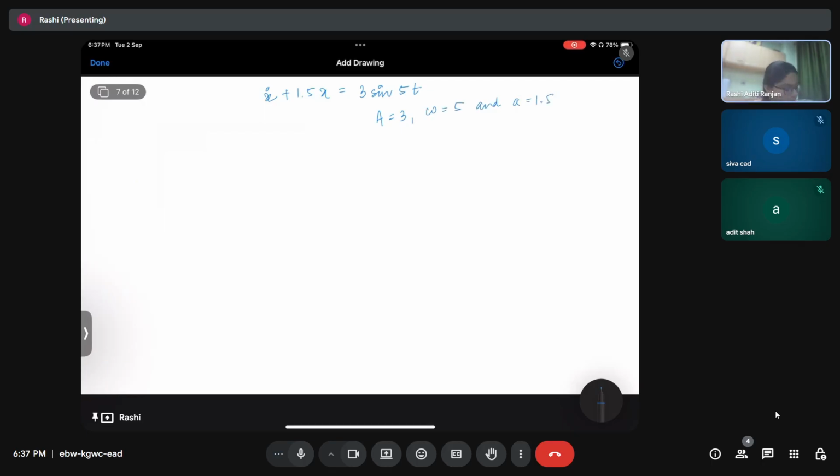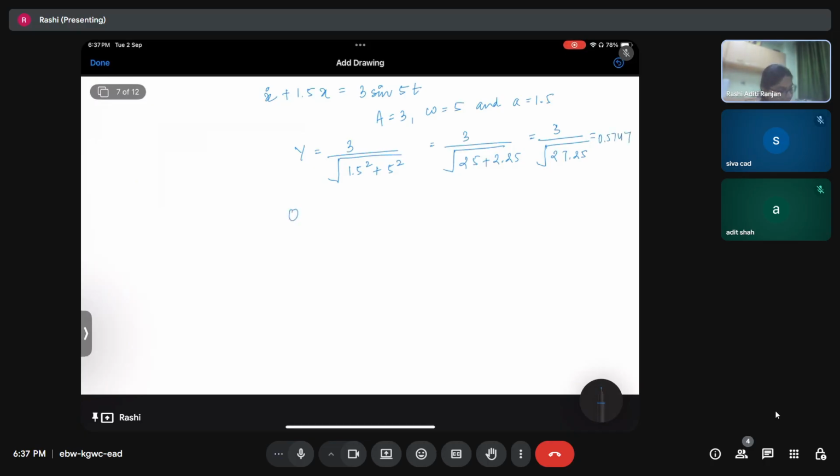Then capital Y is going to be 3 by under root of 1.5 square plus 5 square, which will come out as 3 by under root of 25 plus 2.25, that is 3 by under root of 27.25, and this will give us a final value of 0.5747.